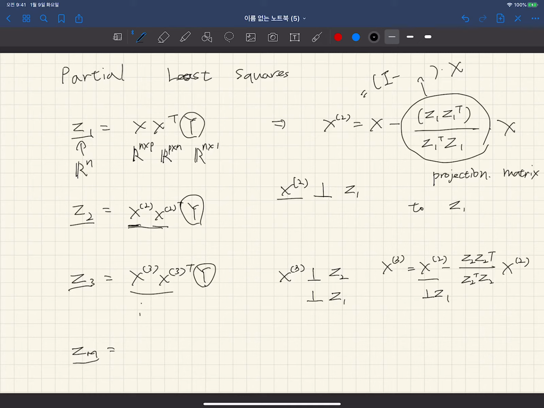G1 through Gm has high enough information to predict output y. So you can expect better performance in that sense. Then what is the problem of PLS?